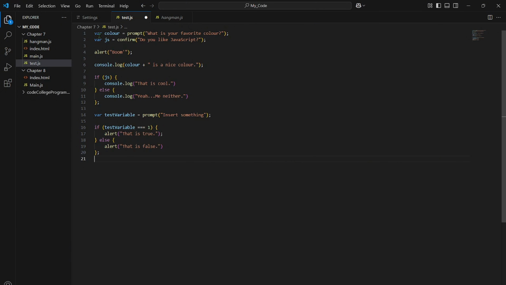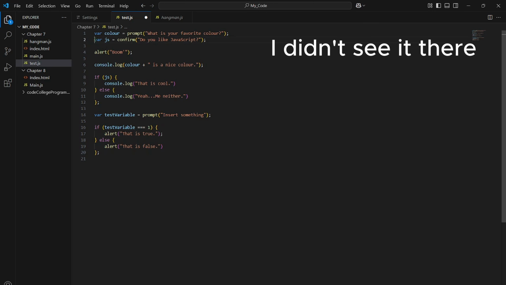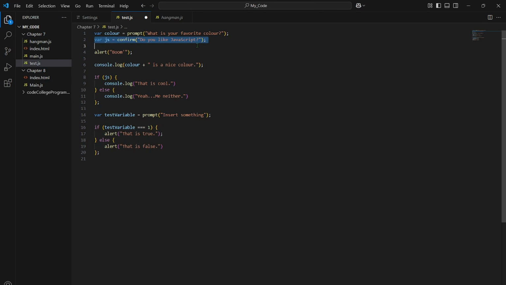These we would be using in Hangman to create the game. We also learned about confirms today, which are basically yes or no questions.